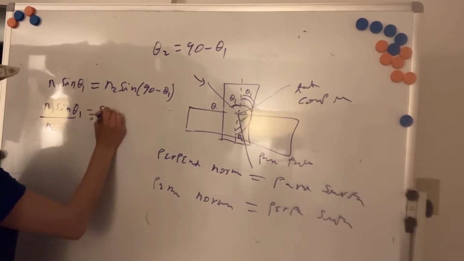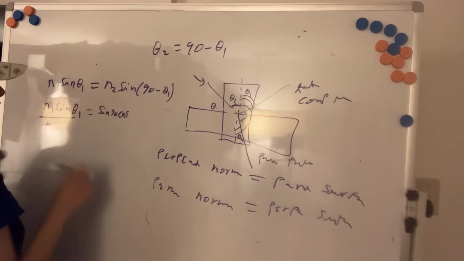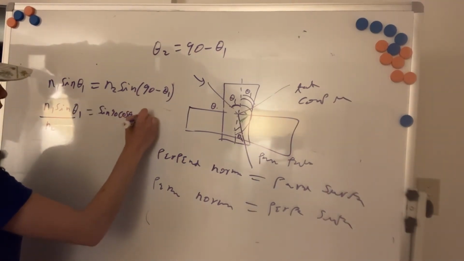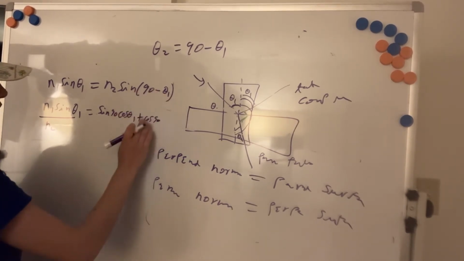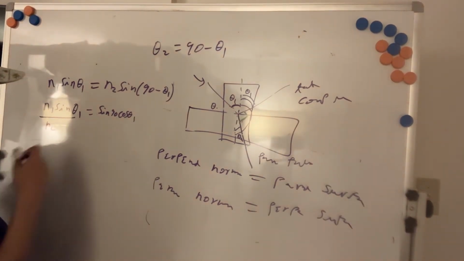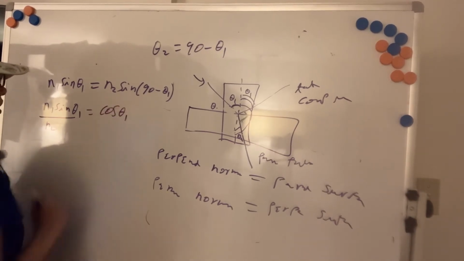So sine of 90 cosine of minus theta 1, that is just cosine of theta 1, then plus cosine of 90 sine of negative theta, cosine of 90 is 0. So we just have this, and sine of 90 is just 1, so we just have cosine theta 1 there.